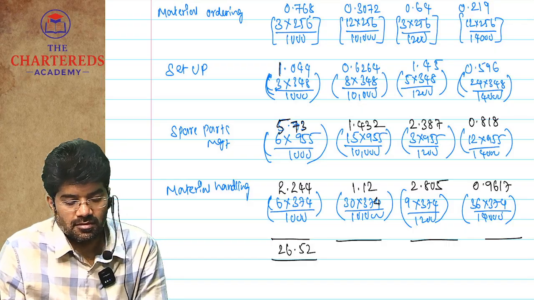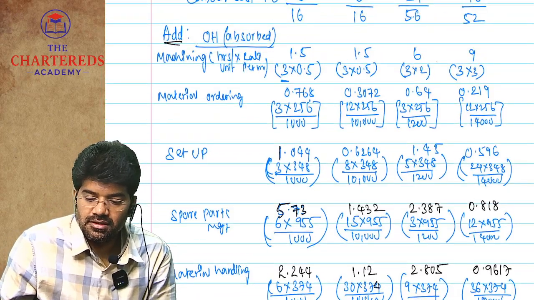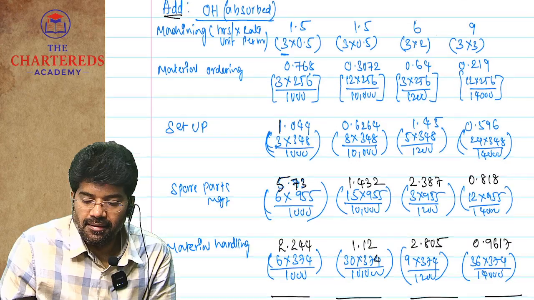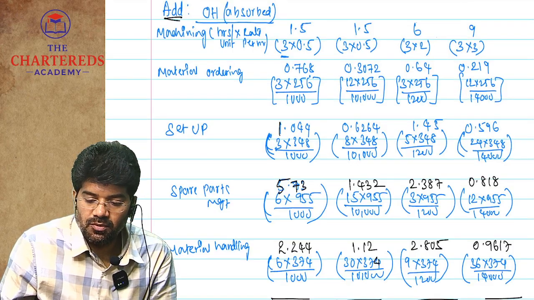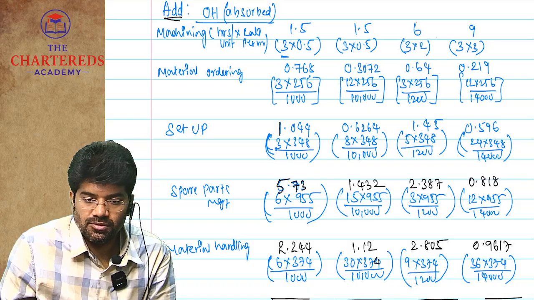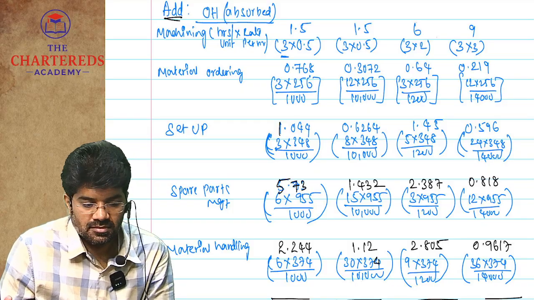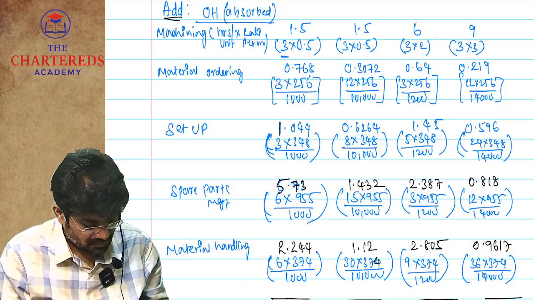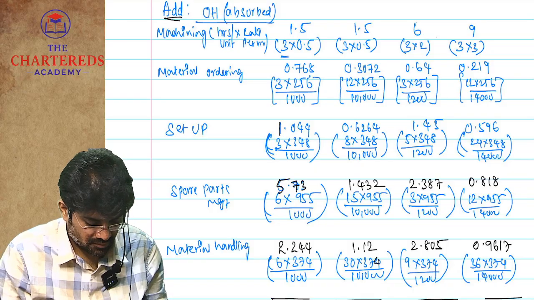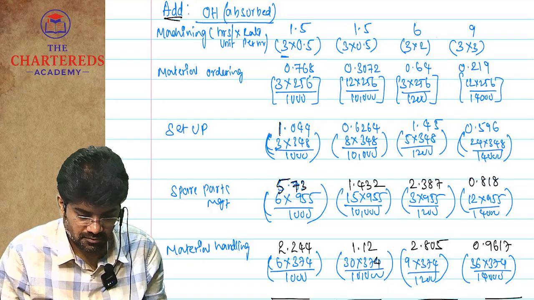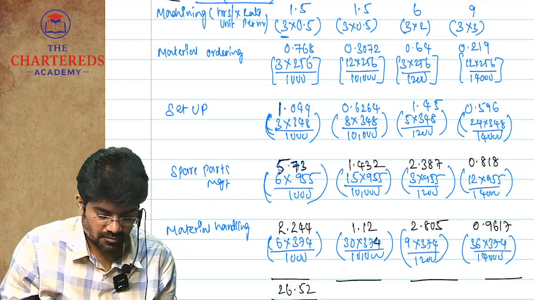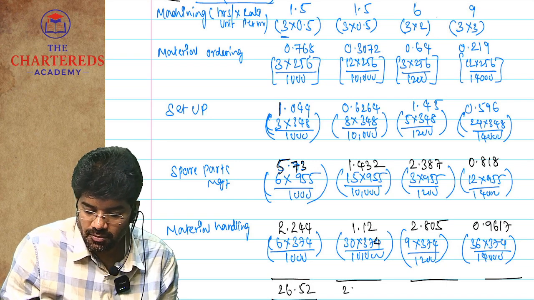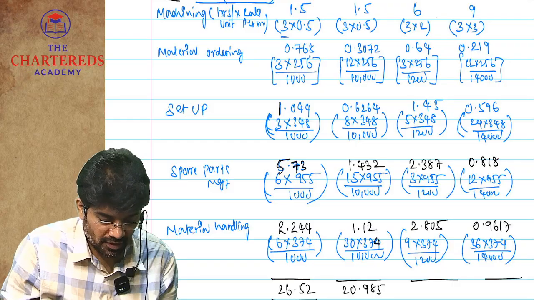Okay. Next, 16 plus 1.5 plus 0.3072. 20.985.